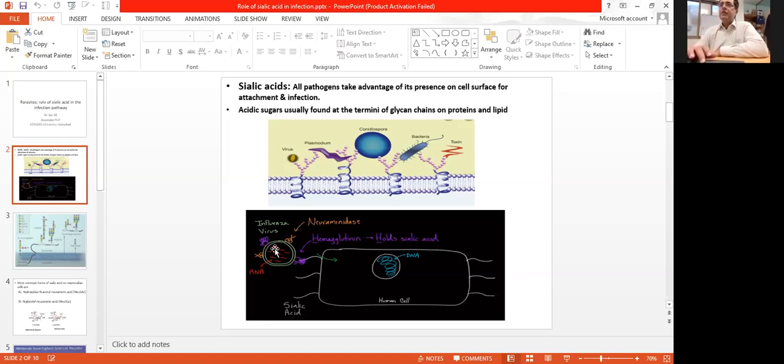For instance, in this image, you can see this is an influenza virus, and the virus needs sialic acids for entry. There are lots of research papers describing this phenomenon; you would have gone through them. This virus, the influenza virus, has these hemagglutinins, which are going to shake hands with these structures.